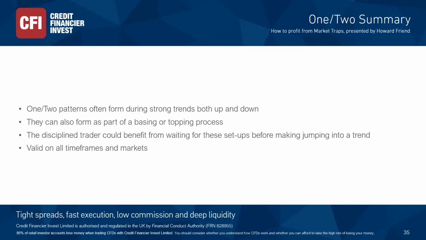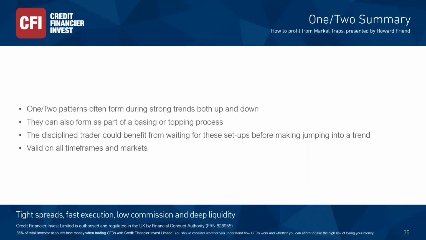As I say, the 1-2 setup is valid on just about all time frames and on all markets. Anything that's liquid, that moves a lot, that creates these patterns on the charts, can give you some pretty good trading setups. So what I'd suggest if you're thinking about using 1-2 is to just print off a whole bunch of daily charts of your favorite markets, and mark them.